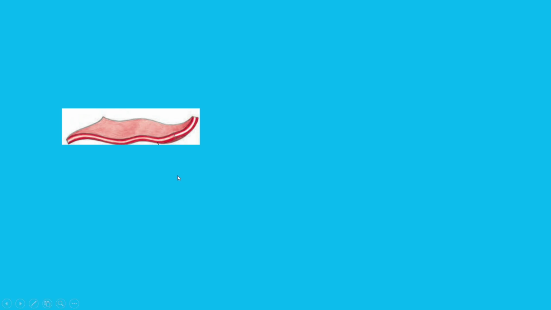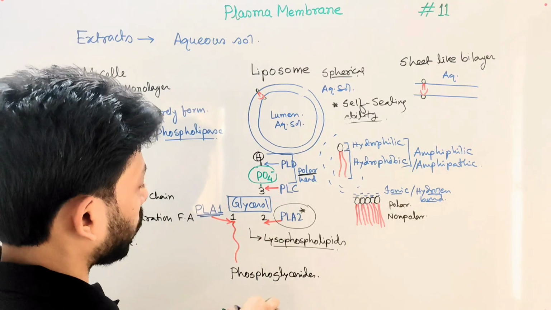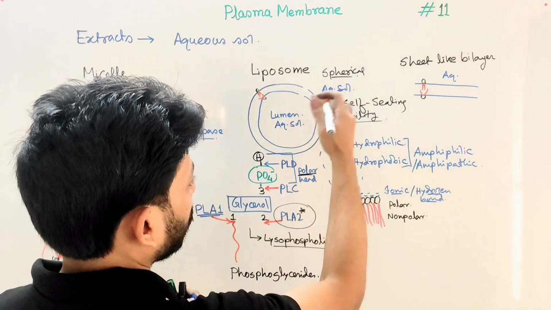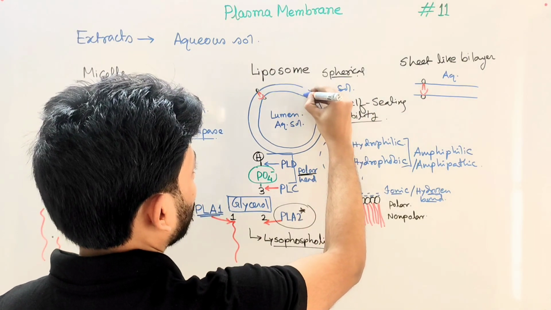That's why the sheet-like bilayer always has a tendency to close in on itself. That means it has a self-sealing property, and it will make a spherical structure just like the liposome. So this is fundamental to the creation of cells. This is one important fact we have to remember about liposomes. Okay.